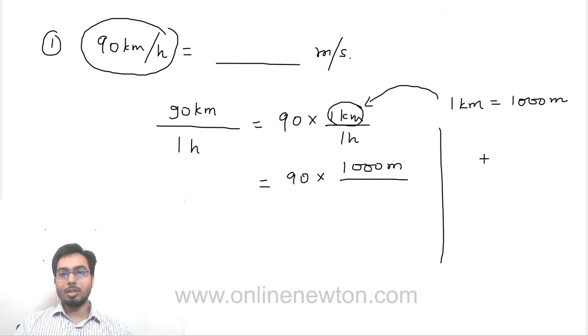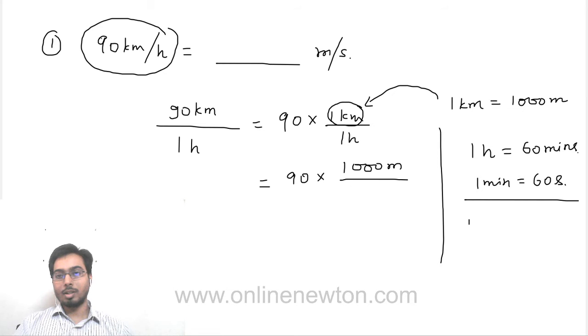Let's talk about hour now. So 1 hour is made up of 60 minutes and 1 minute is as good as 60 seconds. So we can write 1 hour is equal to 60 minutes, and each minute is corresponding to 60 seconds. So it will be 60 into 60 seconds.